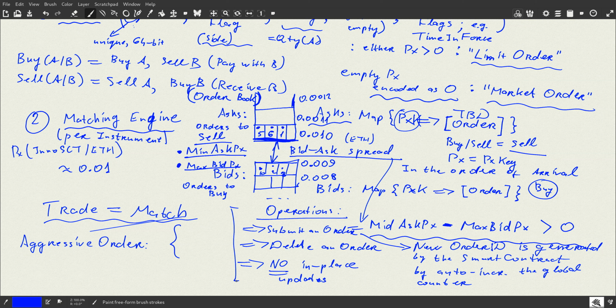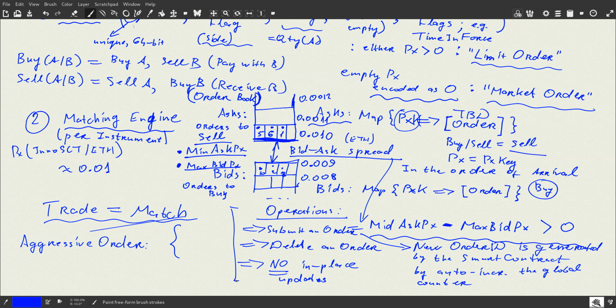Now, looking at this system of maps we have implemented so far, I am not going into the aggressive orders yet, just looking into our maps. Submitting an order is relatively easy. So you already understand how it could be programmed, for example, in Solidity. You submit an order.